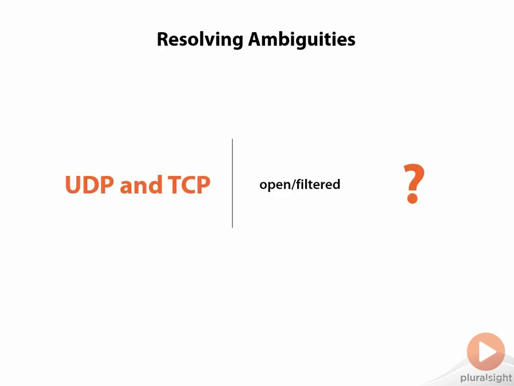Versioning can also resolve some ambiguities that result from the port scanning phase. Some UDP and TCP ports are left in the open filtered state after a port scan is unable to determine whether the port is open or filtered. Version detection will try to elicit a response from these ports using pre-configured probes from a database and change the state to open if it succeeds.